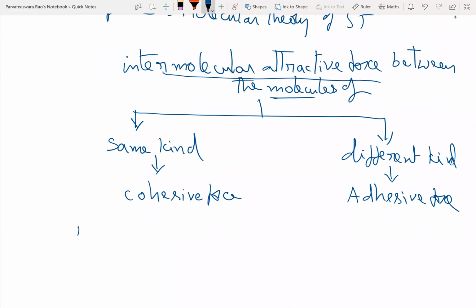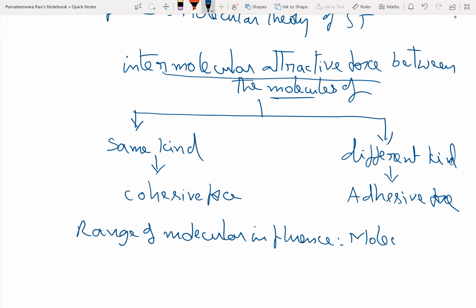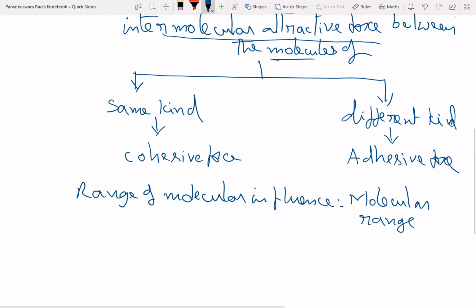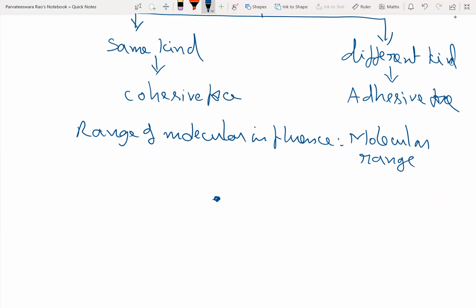And here there is a range of molecular influence. This is called the molecular range. Imagine here is a sphere. You can imagine there is a molecule, the dot is a molecule, and the dotted line is the sphere.